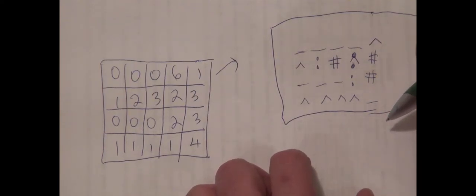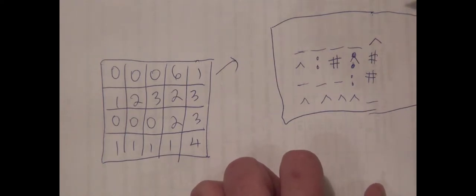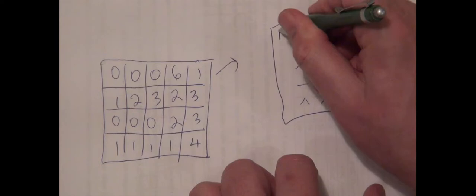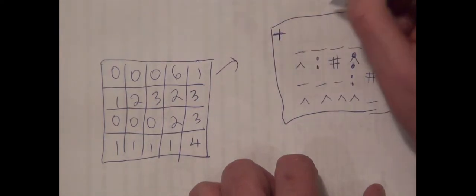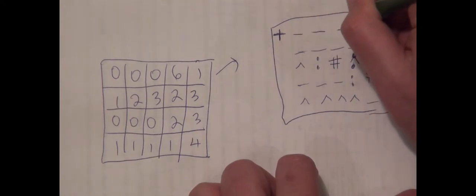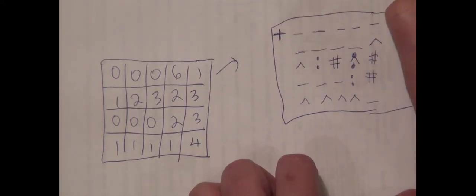We're going to make it just a little more complicated than that. We want to print a nice border around the output as we're printing it. So before we get started with the first row, we'd like to print a plus sign, 5 minus signs, and then a plus sign.